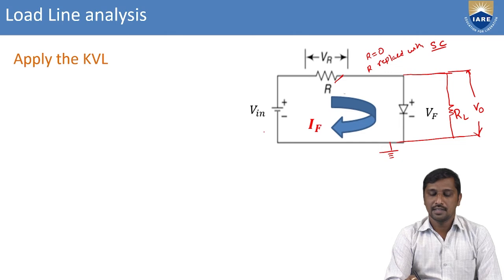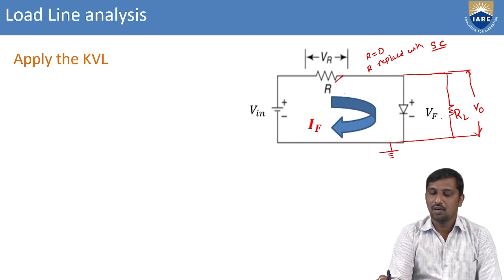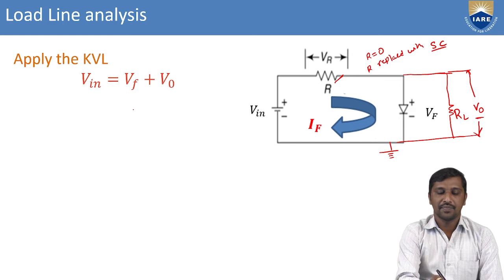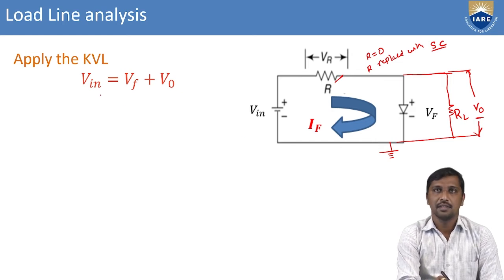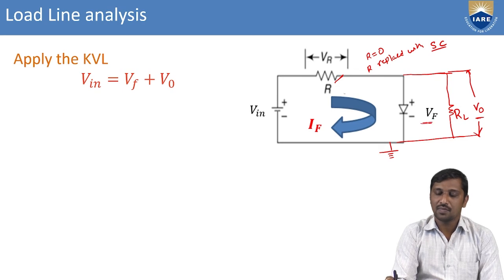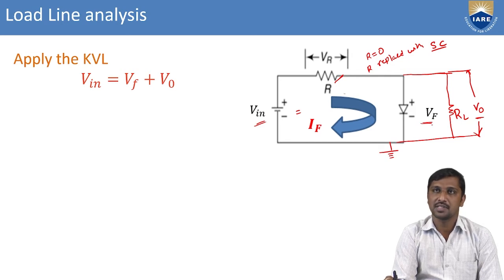So Vin is equal to the voltage drop across the forward biased diode, VF, along with the voltage drop across the load resistance, which is represented as V0. So Vin is equal to the summation of the voltage drops.